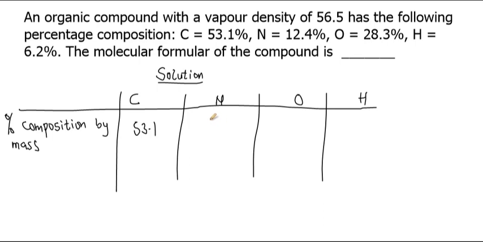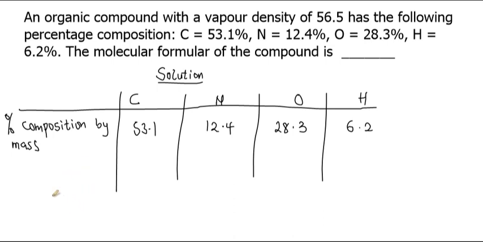For nitrogen, 12.4. For oxygen, we have 28.3. And for hydrogen, we have 6.2. And if we sum each of these together, we'll be having a total of 100. So let's proceed. Now we've stated the percentage composition by mass of each of the elements.